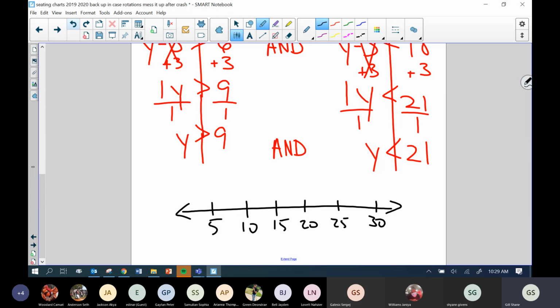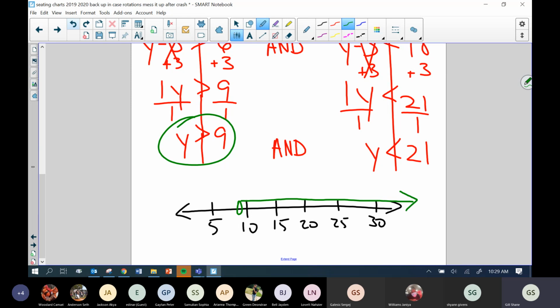So I need to be greater than 9. If I'm doing this one first, I would say, all right, well, 9 is right here. I don't fill it in because there's no equals to sign underneath. So I don't fill it in, and I graph everything greater than 9.